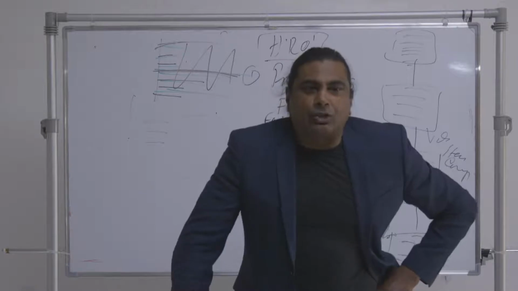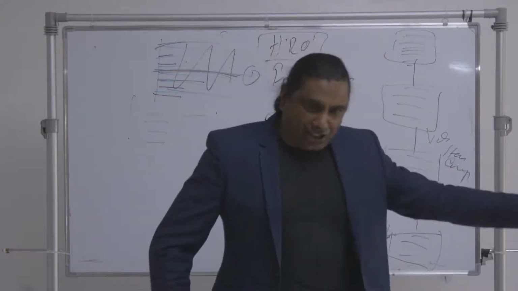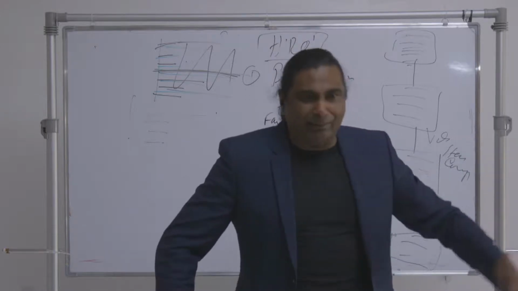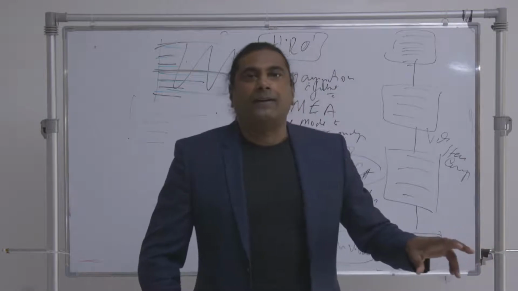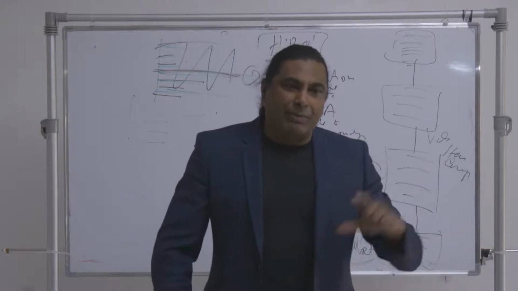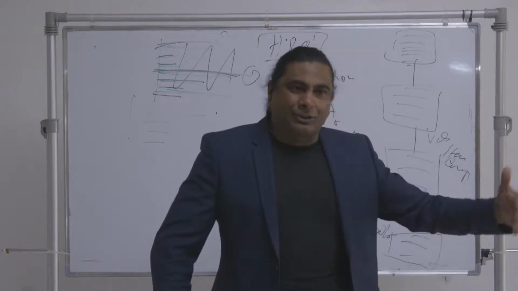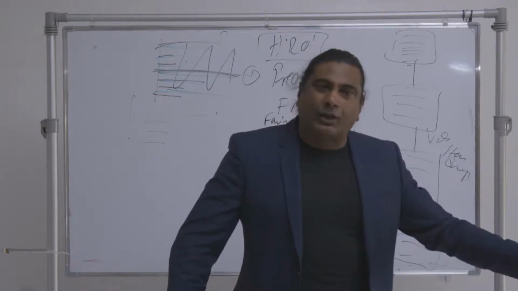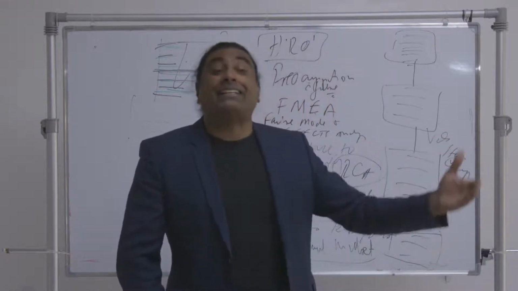HROs, remember, are designed to prevent consequences. You anticipate them, you prevent them, and you put in place mitigation strategies. That's what HROs are. But we will also come back to, if you have an adverse event, how do you analyze what went wrong and how do you actually prevent that from happening?